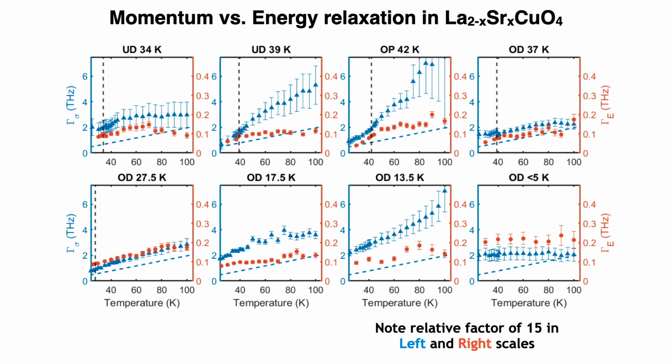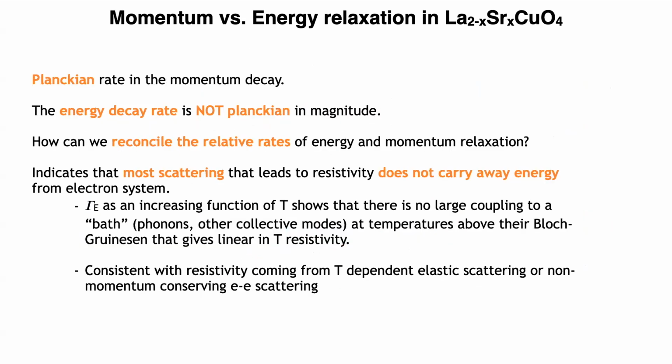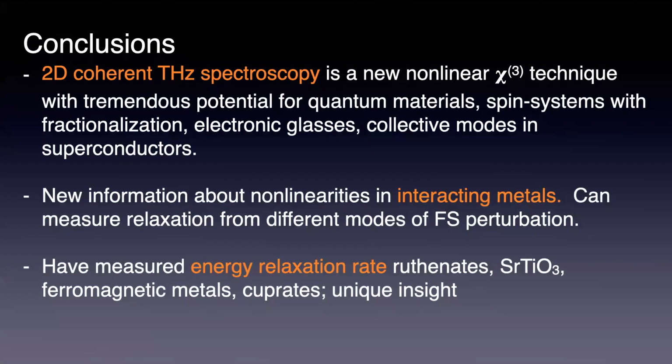So we're back to having a puzzle with linear in T resistivity in the cuprates, where coupling to bosonic degrees of freedom, which are excited at such high energies that they're quasi-elastic, is not going to be a mechanism for explaining cuprate resistivity. I think I will just finish there. You've seen the conclusions already, and I'm happy to take questions.